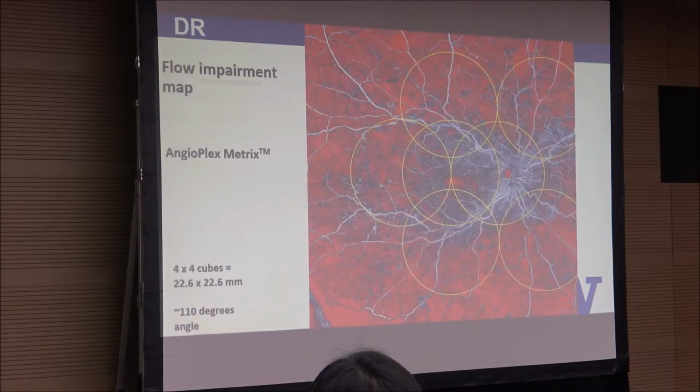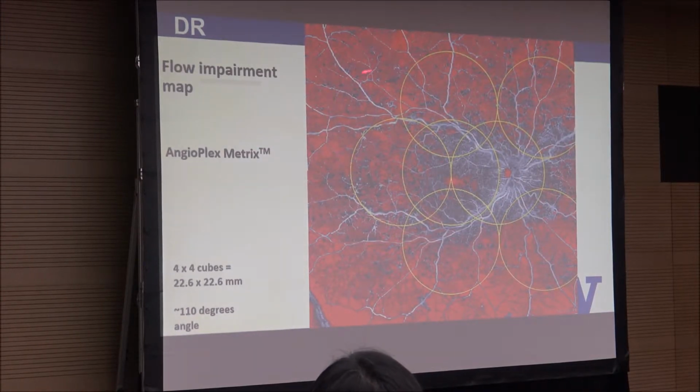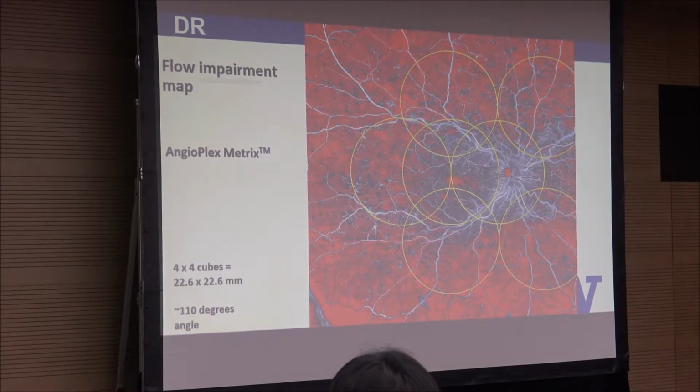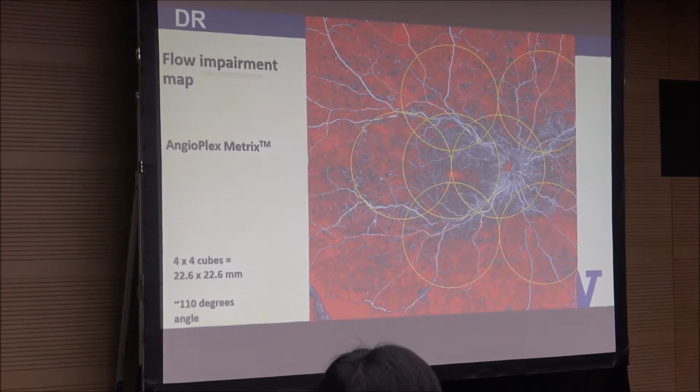So you can use the metrics to look at the non-perfusion in this ultra-wide field. As you can see, in this 7 field, the non-perfusion is actually less than in the periphery, which indicates that the peripheral information really gives you more diagnostic information, which I think is important for the diagnosis and also follow-up of treatment efficacy.